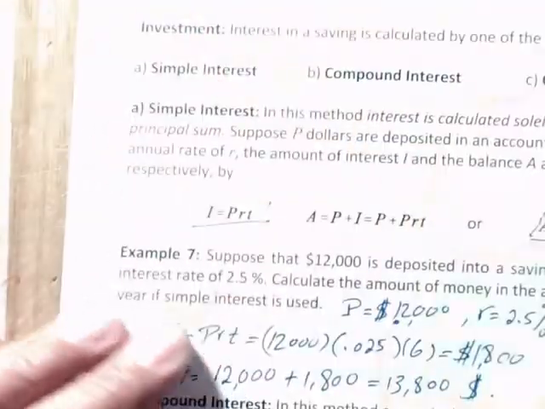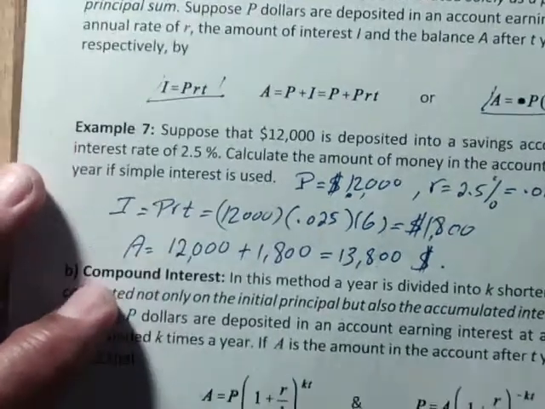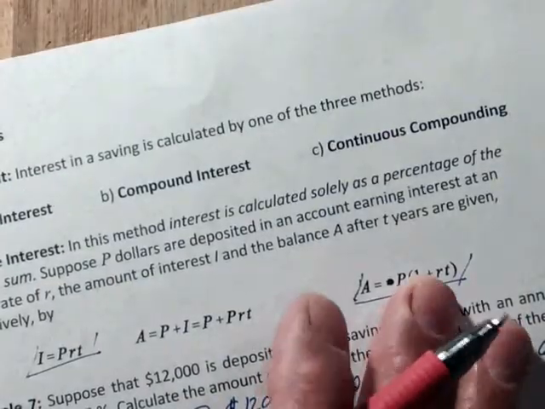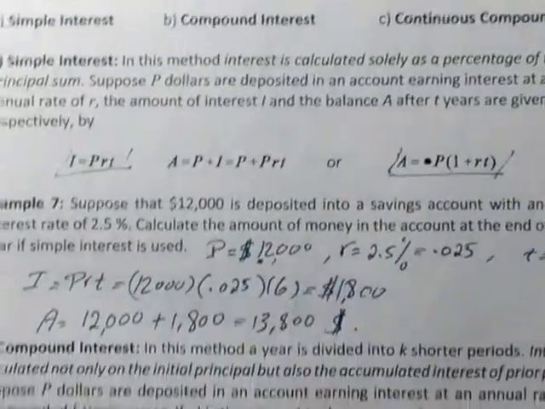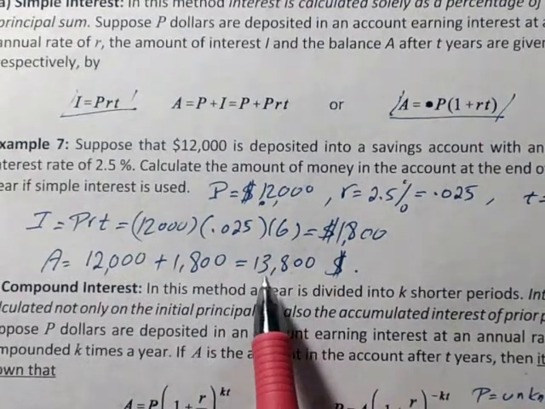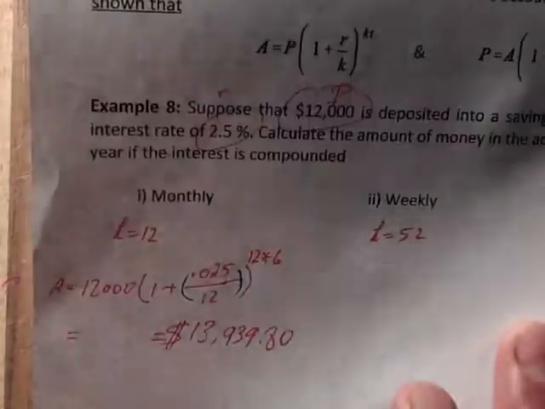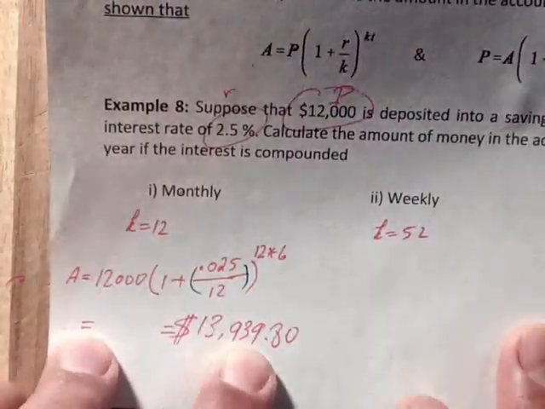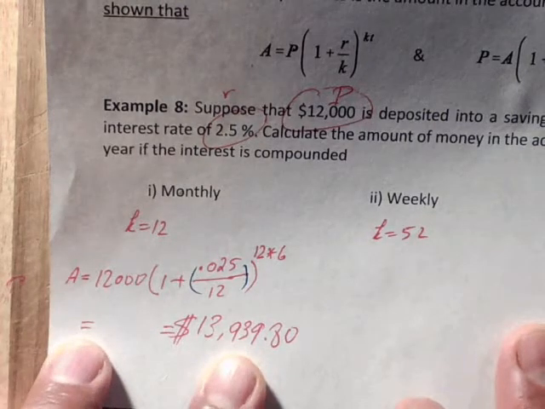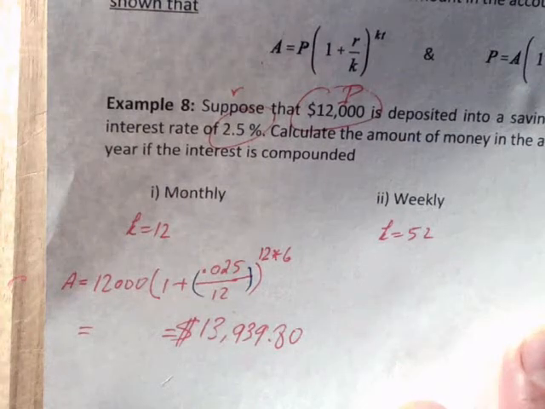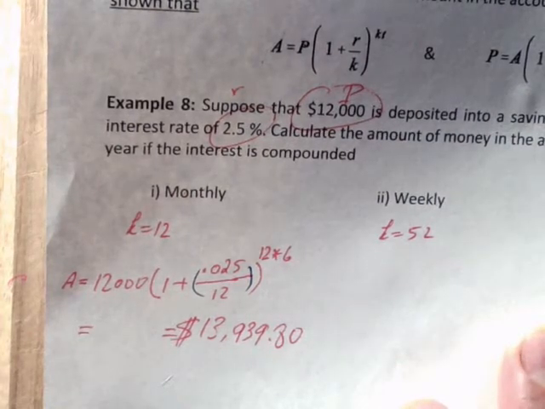So as you can see, with the simple interest the balance was 13,800, but when we compounded monthly, your balance is 13,939.80. It's a little bit more, about $139.80 more. You see, so that's good. Even a penny more is good.